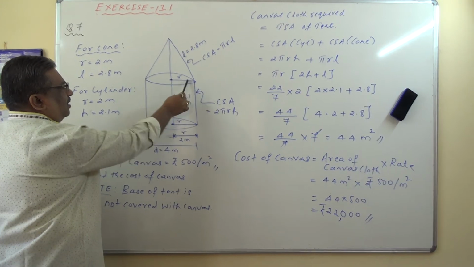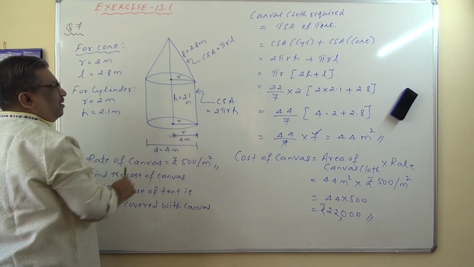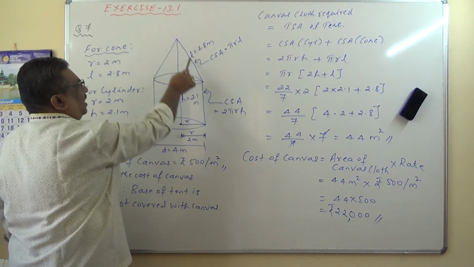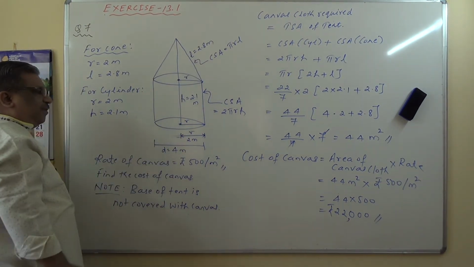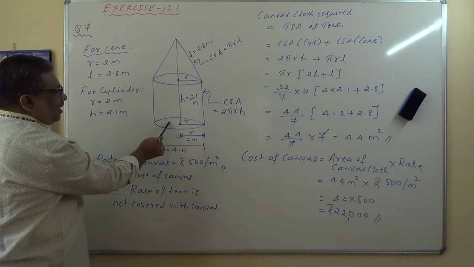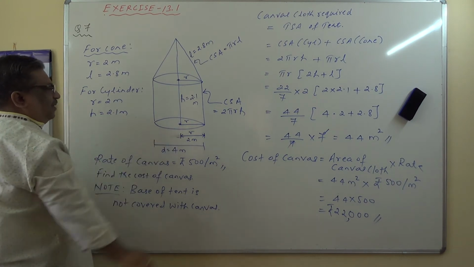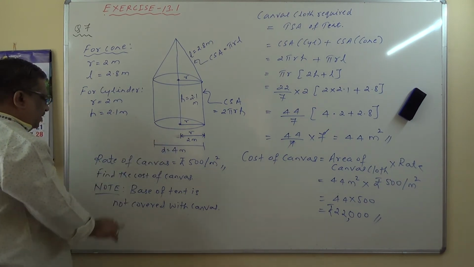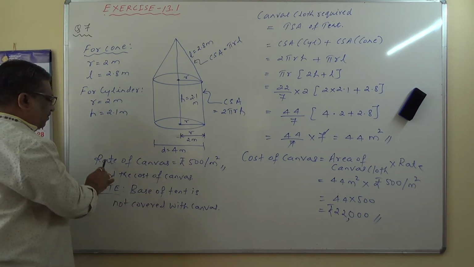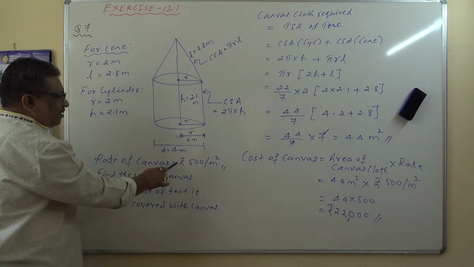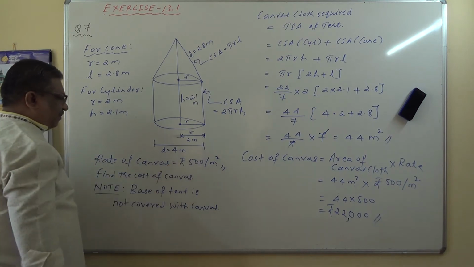The height of the cylindrical part is 2.1 meter and the slant height of the cone is 2.8 meter. This is the given information. Note that the base of this tent is not covered with the canvas. So what do we have to find out? The cost of the canvas if the rate is rupees 500 per square meter.